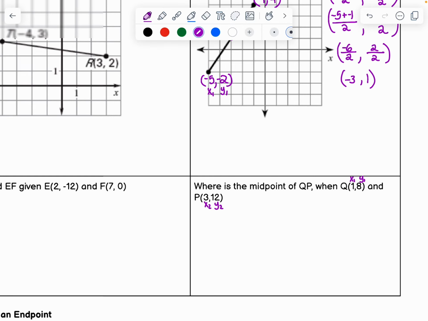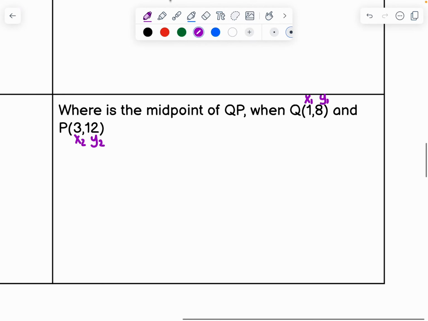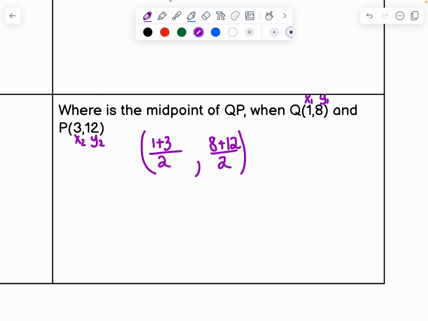Our formula we can see above, so we're just going to plug into it. Our x1 is 1, plus our x2 is 3, divided by 2. Our y1 is 8, plus our y2 is 12, divided by 2.